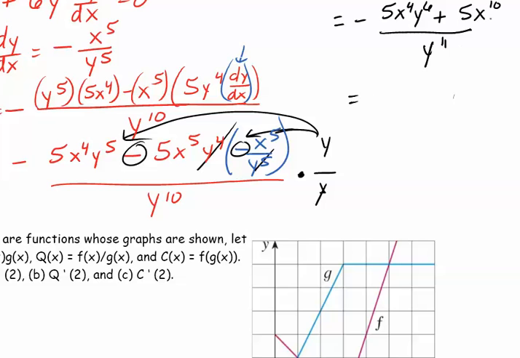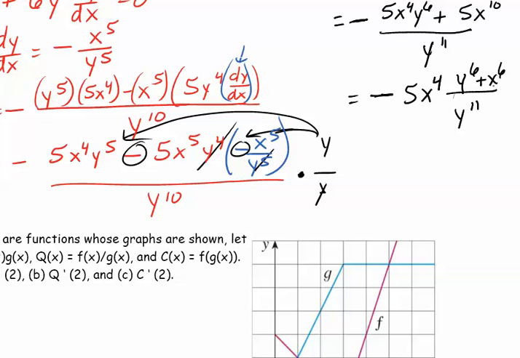All right, so now if we factor a negative 5x to the 4th out of the numerator, we're not factoring the negative, it was already out there. We're factoring 5x to the 4th, so we would have y to the 6th plus x to the 6th.